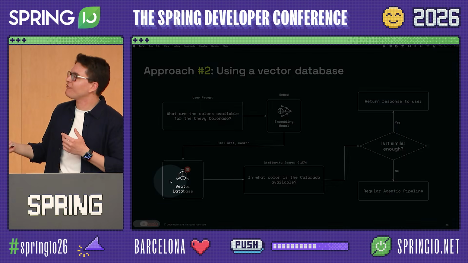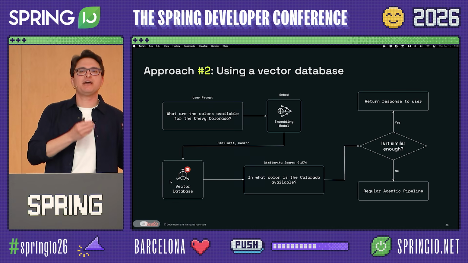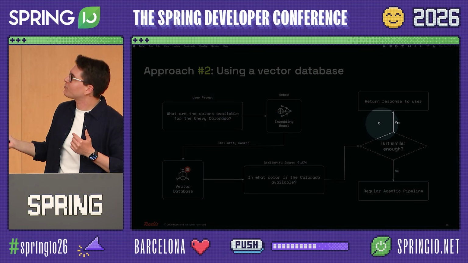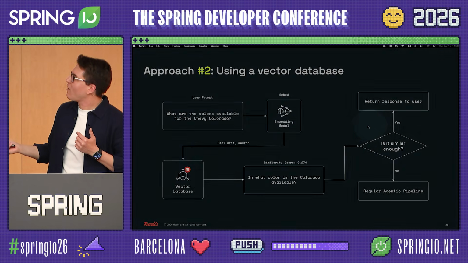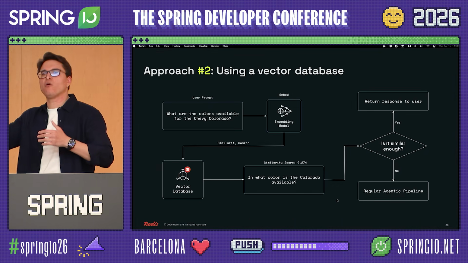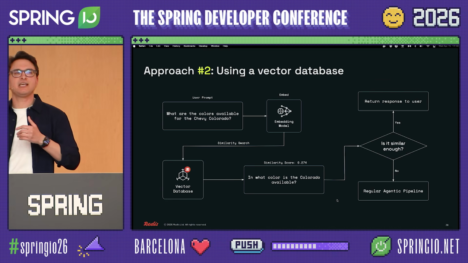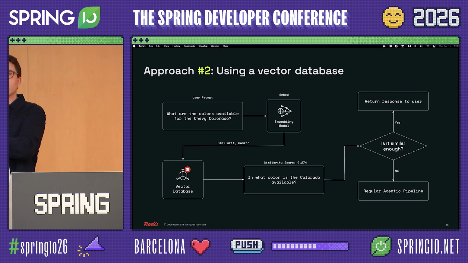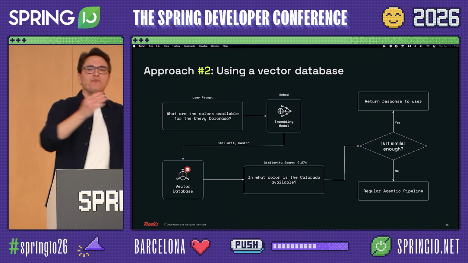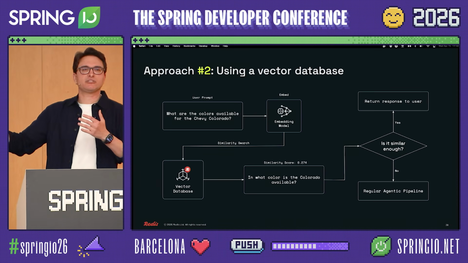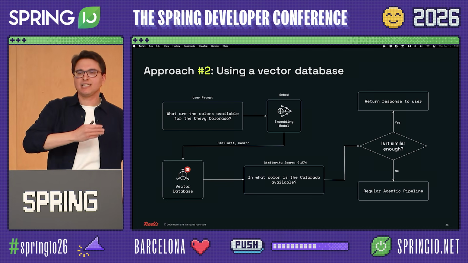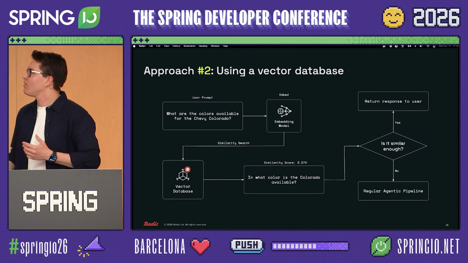If you have anything in your database that is similar enough to this, you can return that response right away, while if you don't, you can trigger your whole pipeline. Then you generate the response, you generate the vector representation of the request, and you store it in Redis alongside the response, so that the next time somebody asks a similar question, you get it directly from the cache instead of going through the whole process once again.